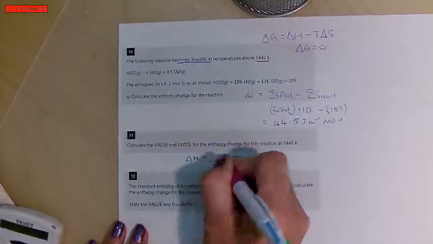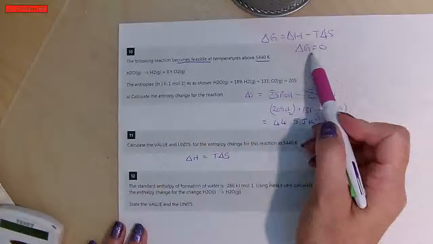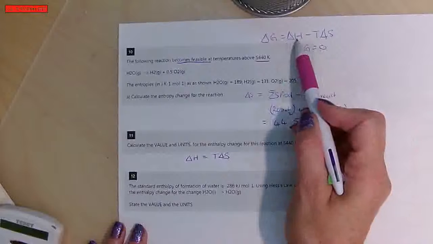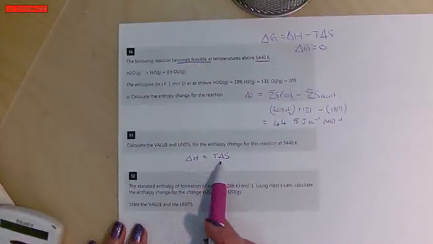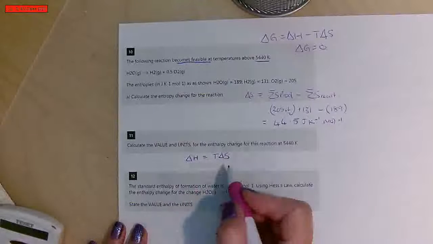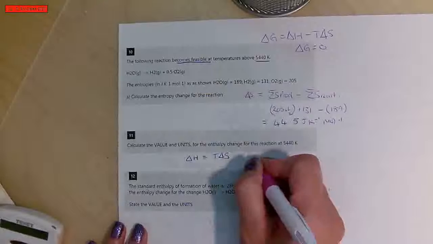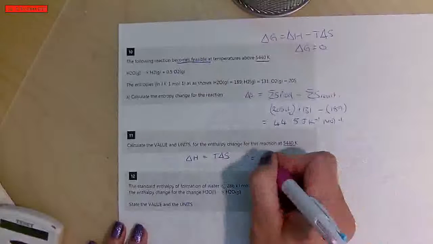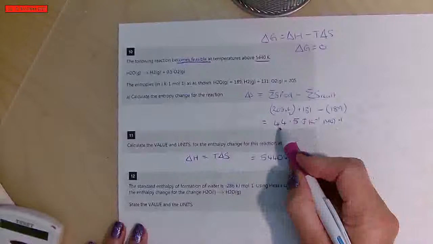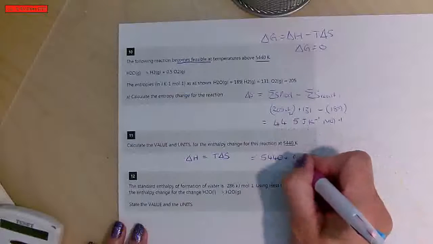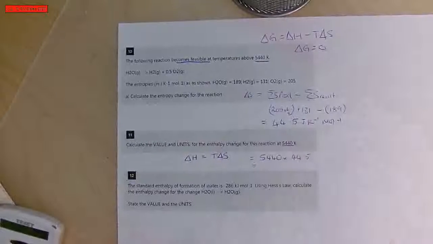If delta G is 0, then delta H minus T delta S is 0, so delta H equals T delta S. Delta S we've got, T we've got, so we only need to work out H. T is 5440, and the delta S is 44.5 joules per Kelvin per mole.